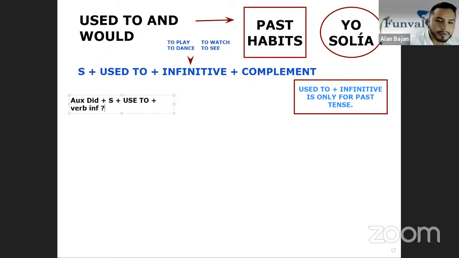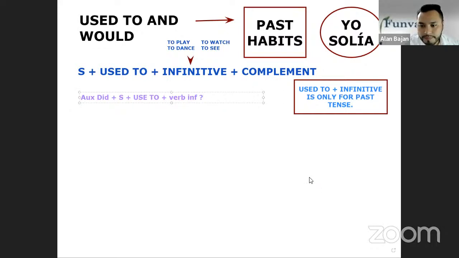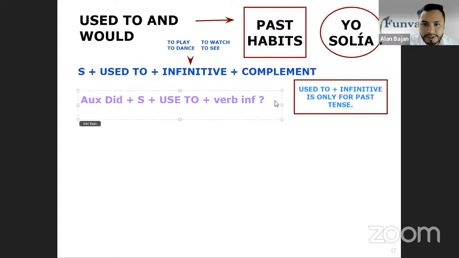And don't forget about the question mark. Auxiliary did plus subject plus verb in infinitive.